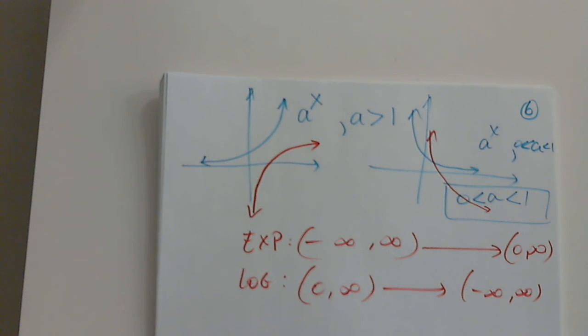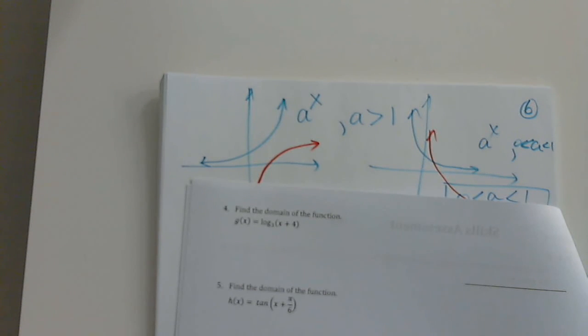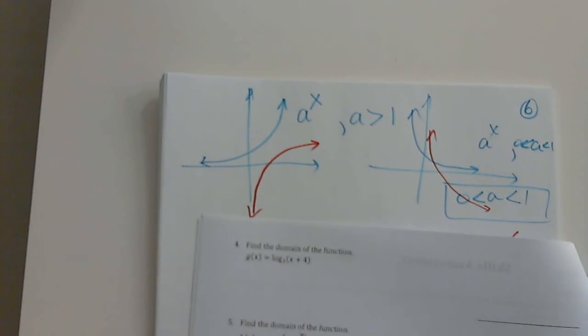Okay, coming back here then. I see log is applied to x plus 4. Whatever log is applied to, it must be what type of number? So then I have to write that x plus 4 has to be positive.